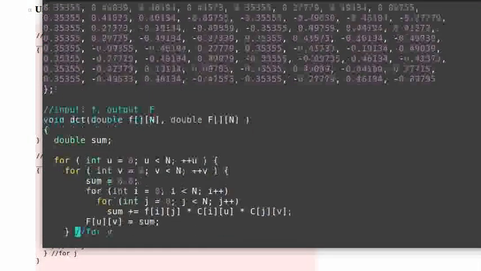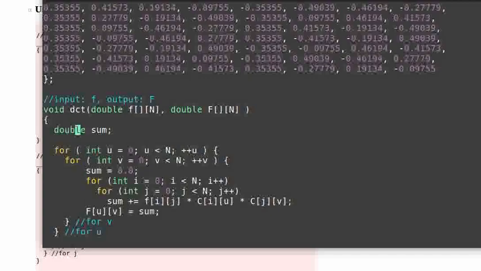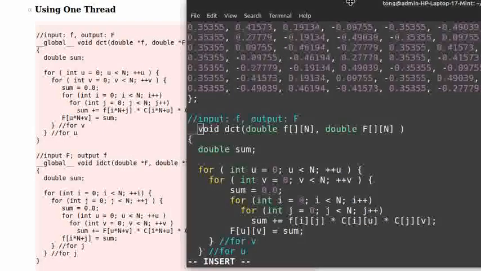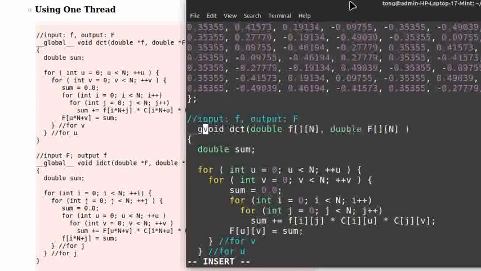And here we need to add the keyword __global__. And we change this to the pointer to the array F, pointing to the array, basically a one-dimensional array.